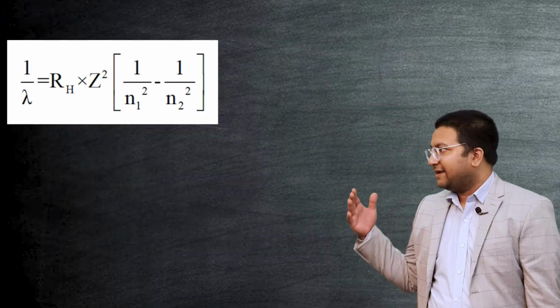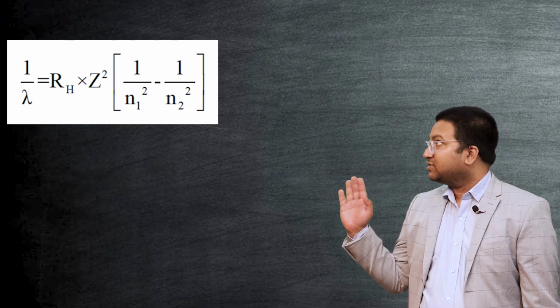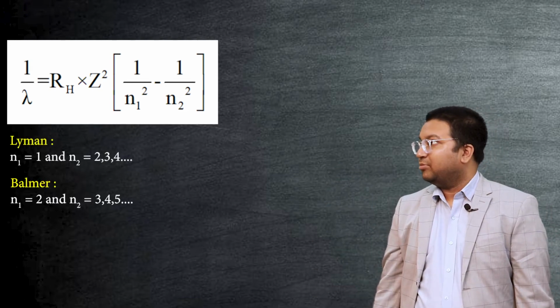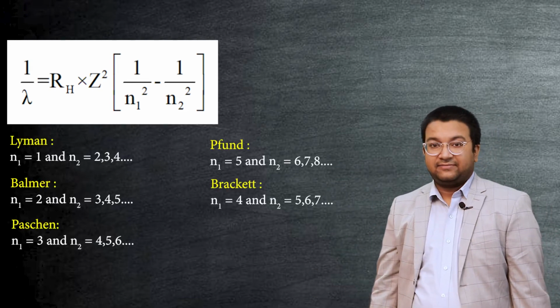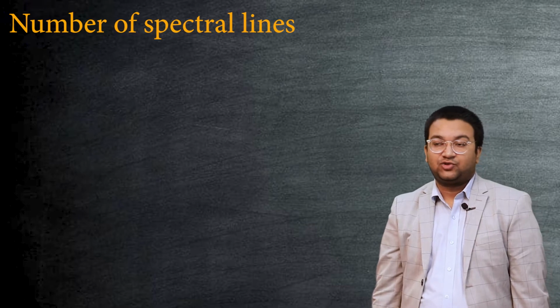When we put these values of n in the Rydberg's formula, we get different kinds of equations, as you can see: Lyman, Balmer, Paschen, Pfund, and Brackett. These are the spectra of hydrogen. Now there are certain formulas attached to it.